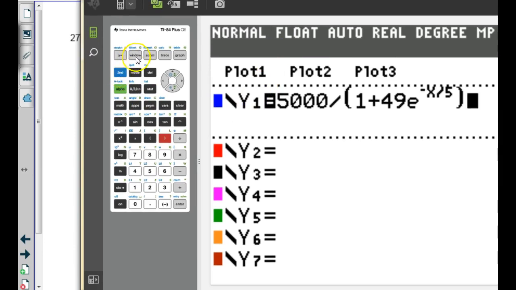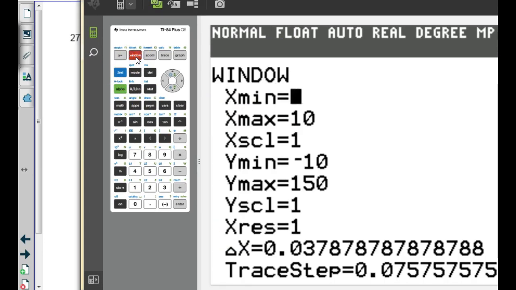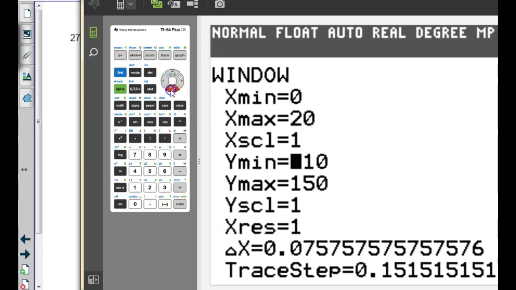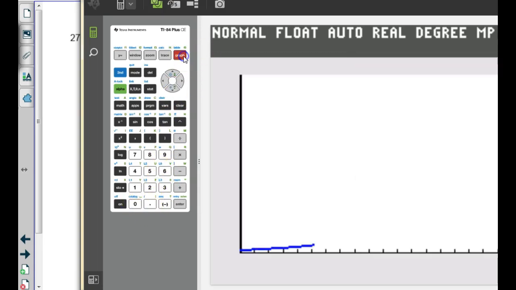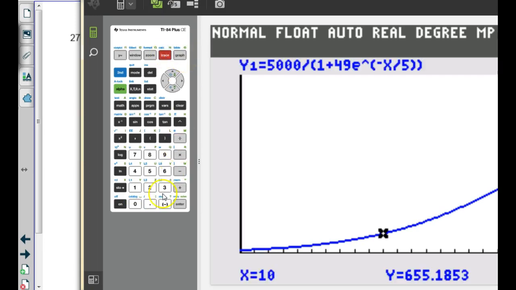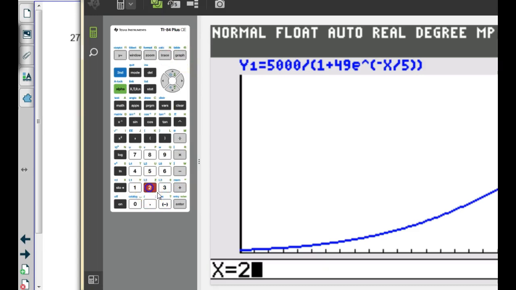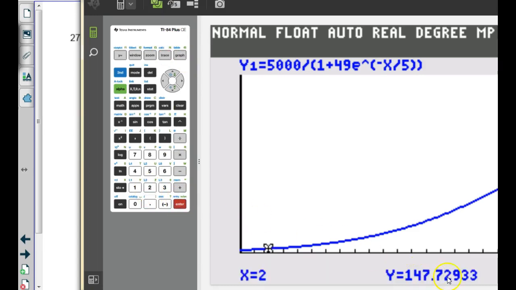If eventually I'm going to have to graph this, I'm going to go out like 20 years. What should it max out at, guys? What was the top number? 5,000? So I'm going to put 6,000 as my max. Whoa. It's not growing very fast. If I go to trace 2 months, I get 148 fish if I round to whole number.